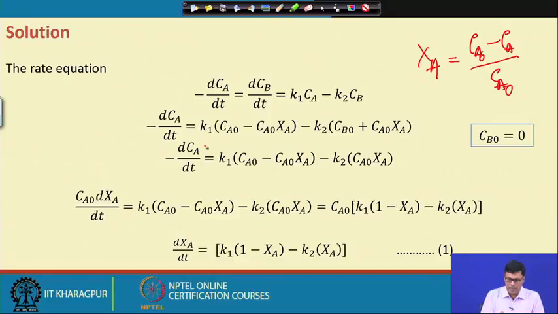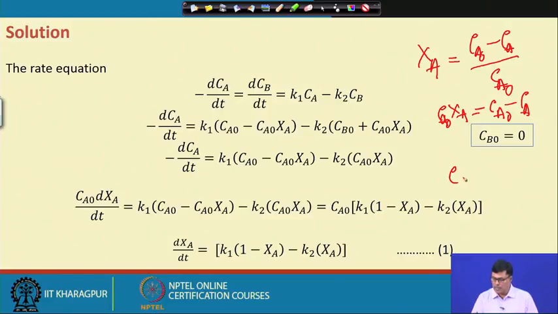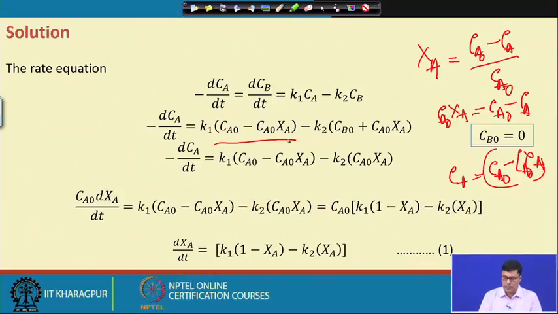So I can write Ca0 minus Ca equals Ca0 into Xa, and so Ca equals Ca0 minus Ca0 into Xa. This is exactly what we have written here.